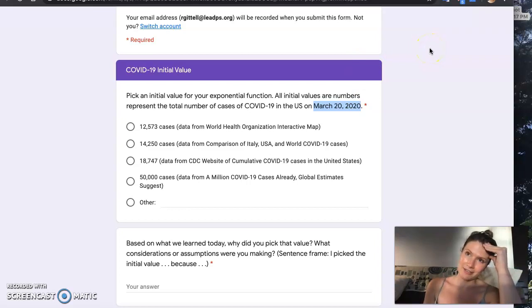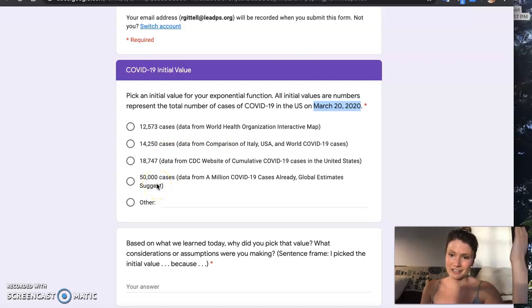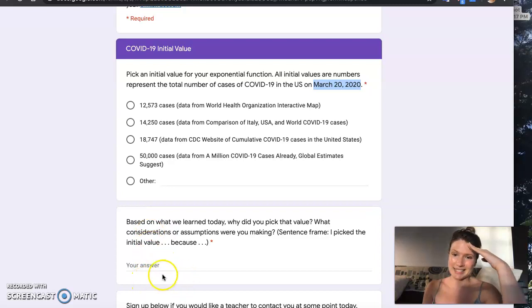So we're not even thinking about the number of current cases, we're thinking about the number of cases that occurred 5 days ago. So how do we figure that out? Since I know there's no such thing as a wrong answer, I'm just going to pick one. I'm going to explore the resource and then see if I agree with it. If I agree with it, then I'm going to write out my sentence justifying why I think that makes sense as an initial value.